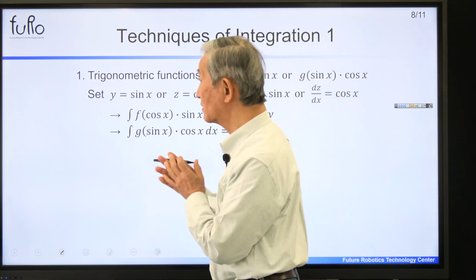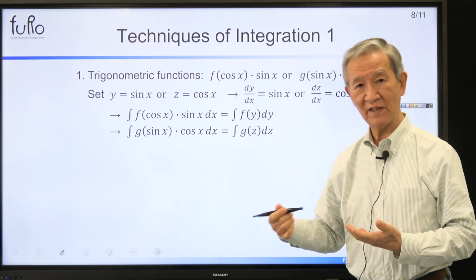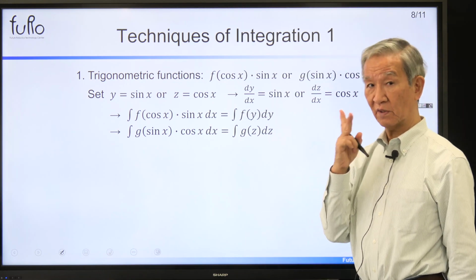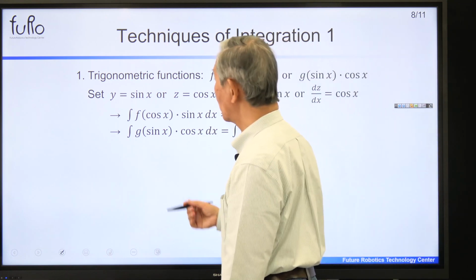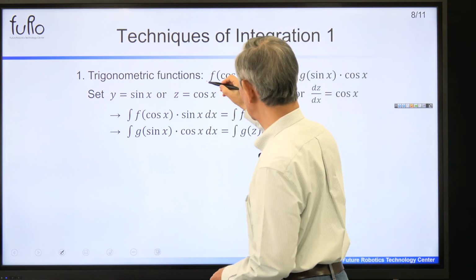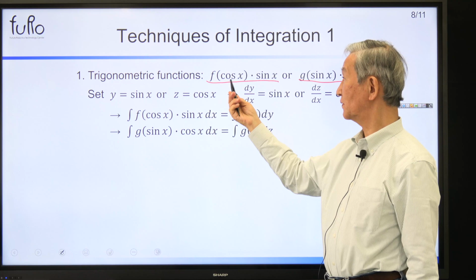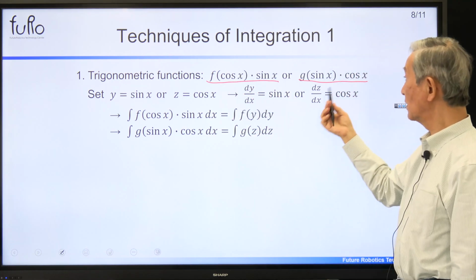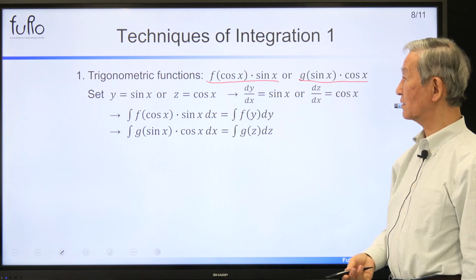Okay, techniques. Some of those techniques can be stated in general way. So let me try to do that for two very famous techniques. First one involves trigonometric functions of this form or that form. Well, you have function of cosines and sine x is multiplied to it, or you have functions of sines and multiplied by cosine x.